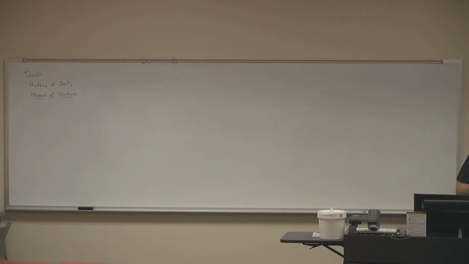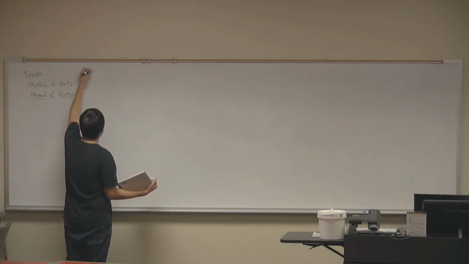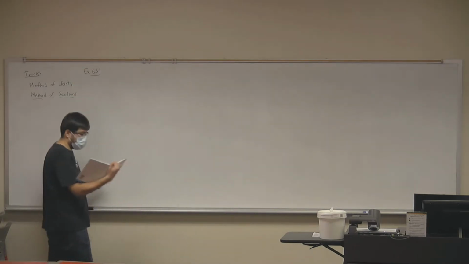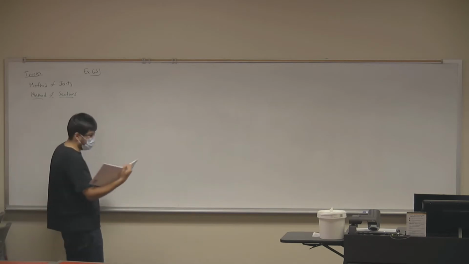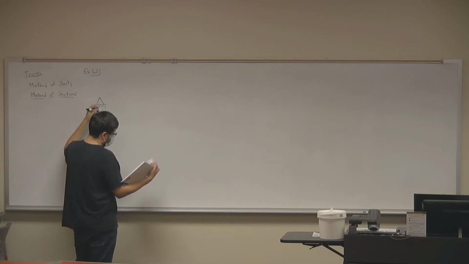Let me see if I can find a good one in my book. There we go. Okay. So let's look at example 6.5. And don't worry, we're going to explain all this theory as we solve the example. It's just like how we solved the method of joints, right? Going through the theory. So let's say we have this truss system.